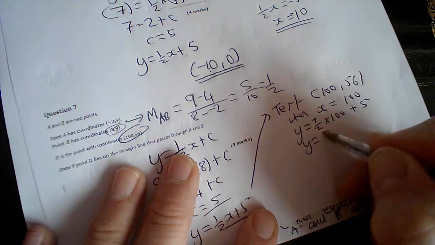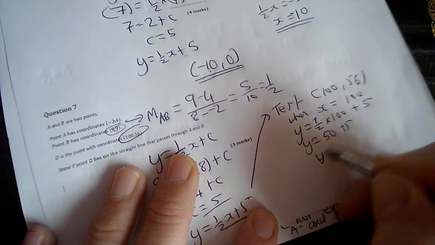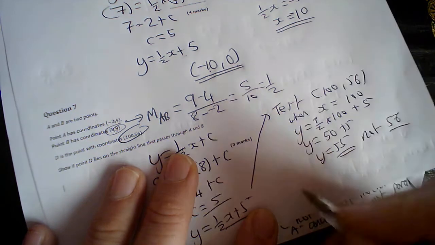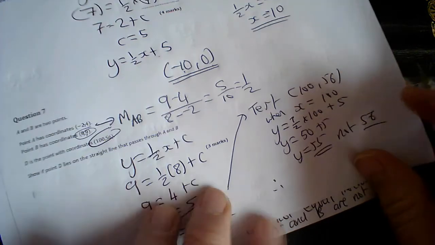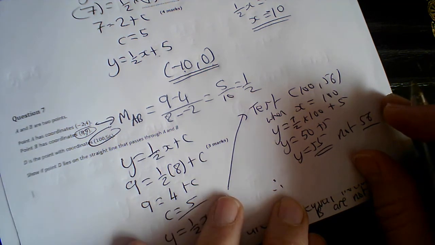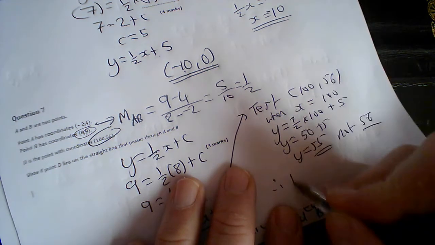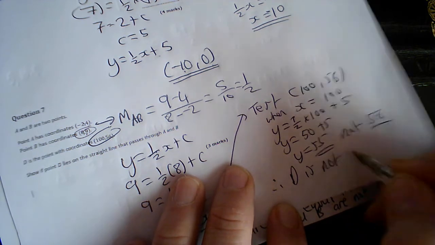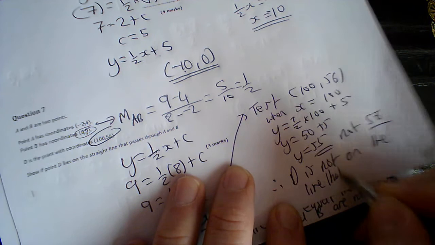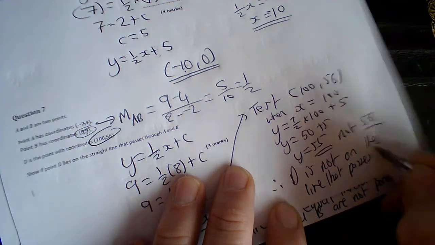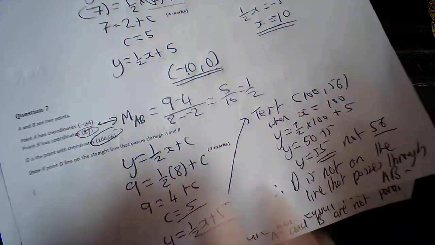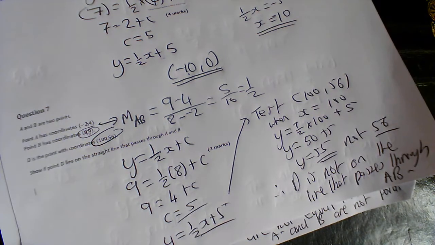So y equals 50 plus 5. Y equals 55, not 56. Therefore, D is not on the line that passes through A, B. There you go.